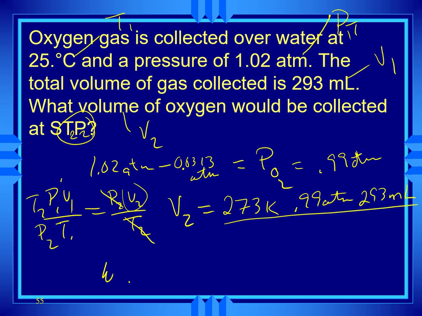Over P2, what's the pressure at STP? 1 atmosphere. And T1, 298 Kelvin. Got to add 25 and 273.